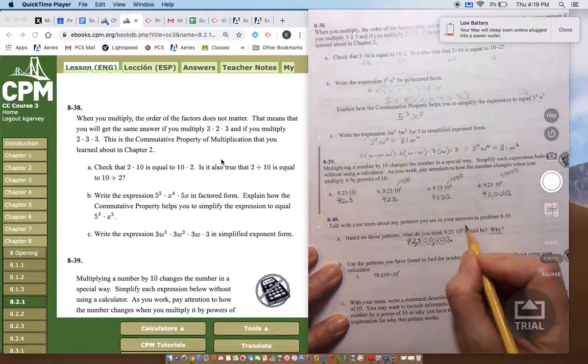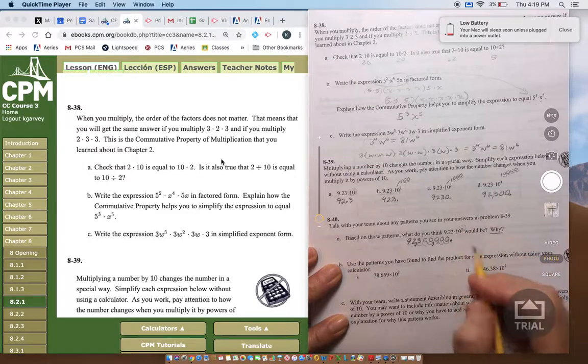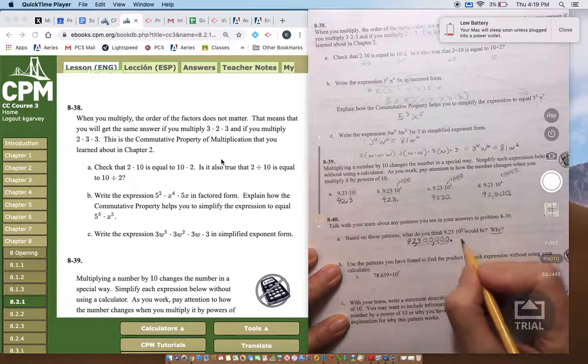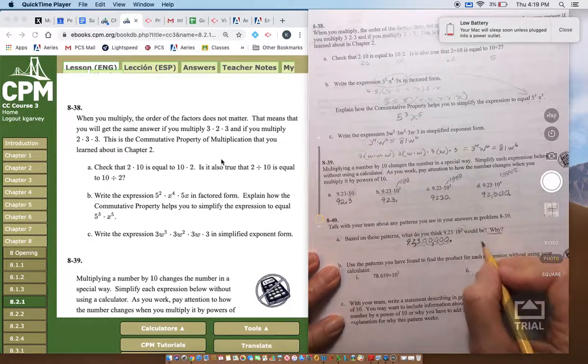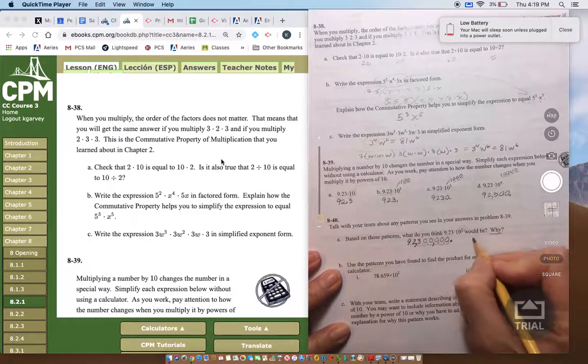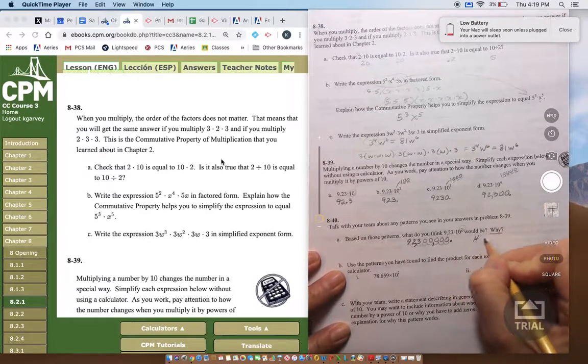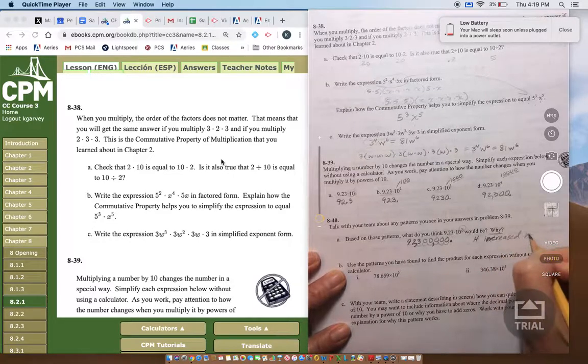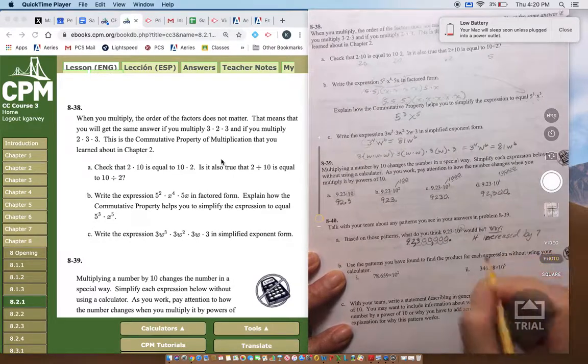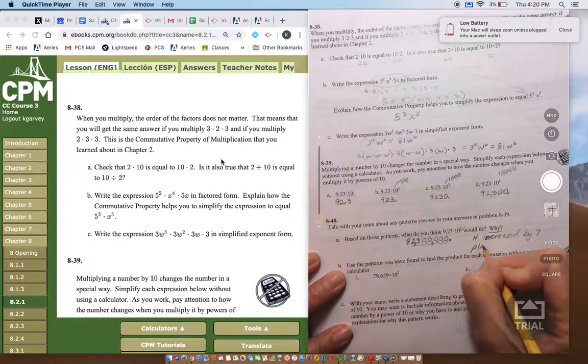Well, we noticed that it would increase by 7 place values. So the exponent is 7 place values. So it increased by 7 place values.